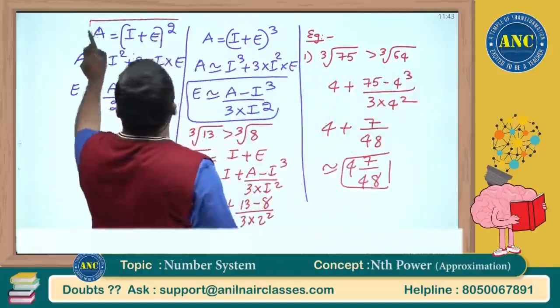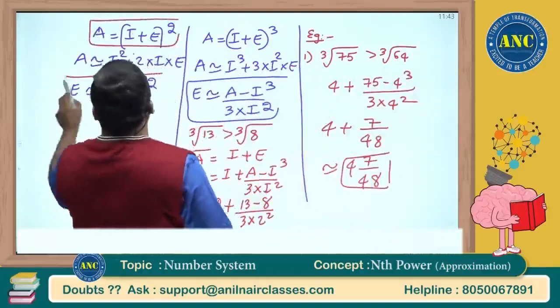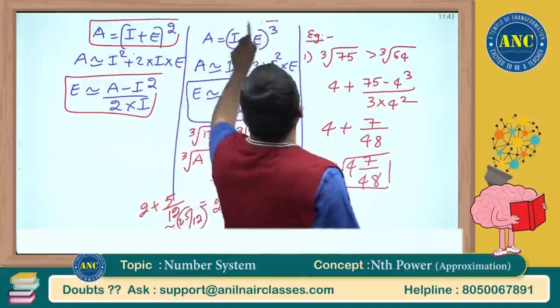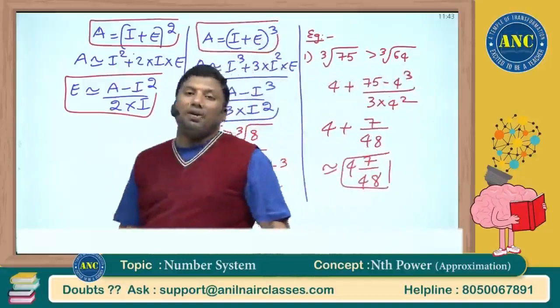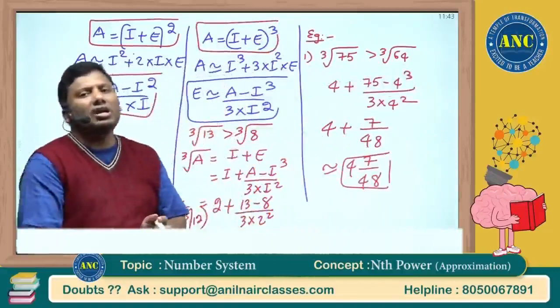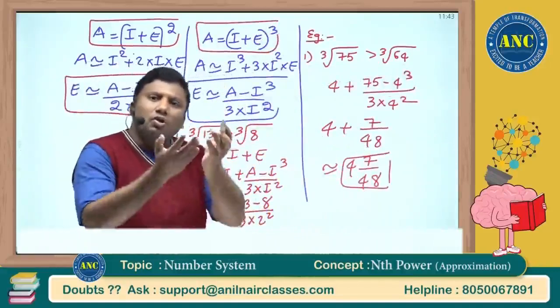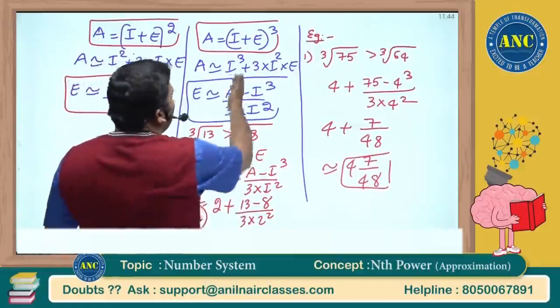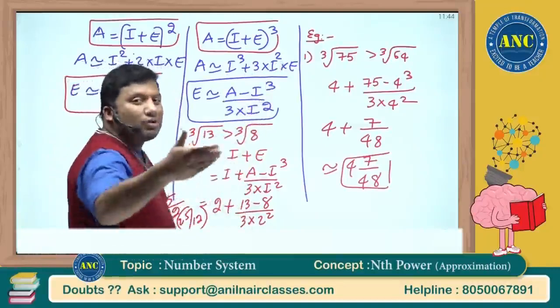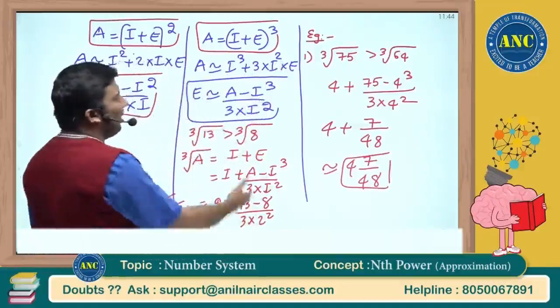How to find the approximate value of a non-perfect square? How to find the approximate value of a non-perfect cube? Not a single doubt, you will get it in the class and you don't need to remember anything. The only thing is that because it is approximated, E square and E cube are all smaller values.